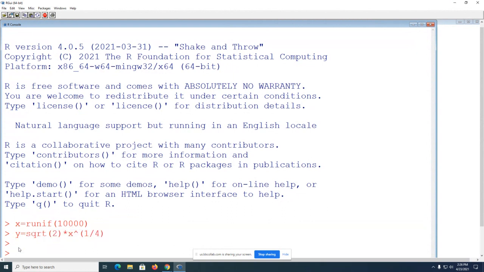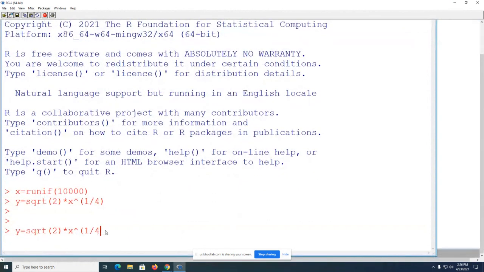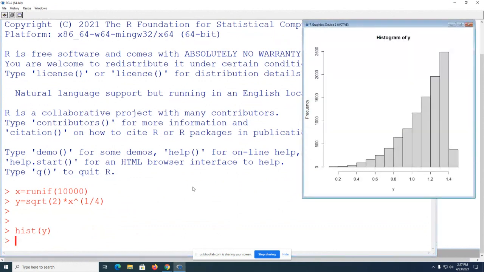Oh yeah, that's definitely, yep. This is hist, right? Yep. It's just hist of y. Alright, that'll work. I usually enjoy making it light blue because I think that makes it easier to see, but this works fine.